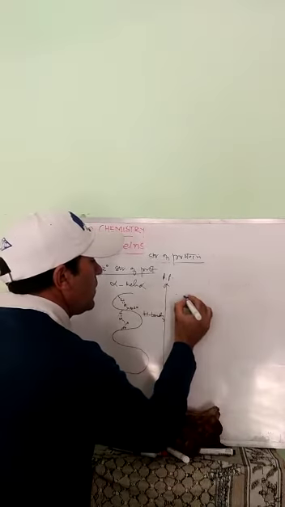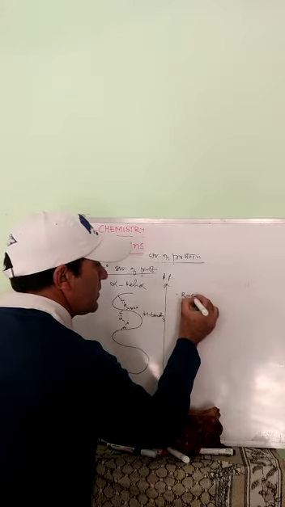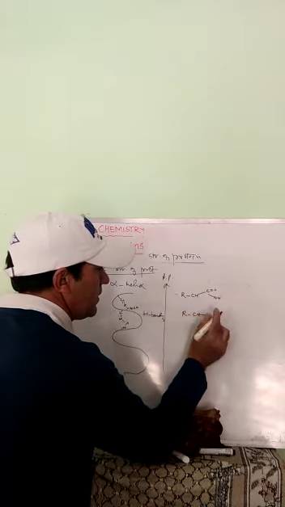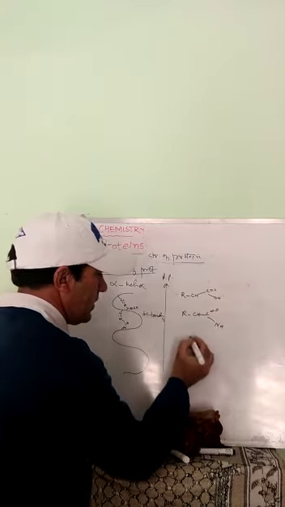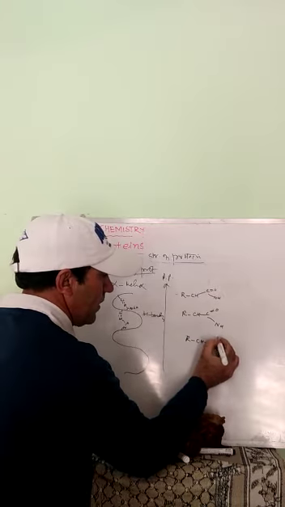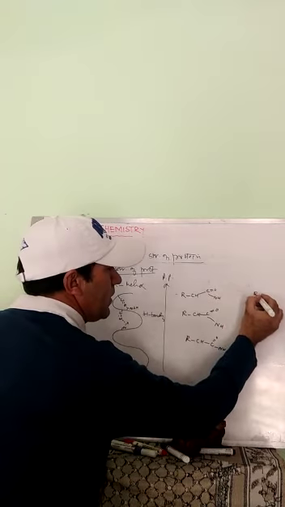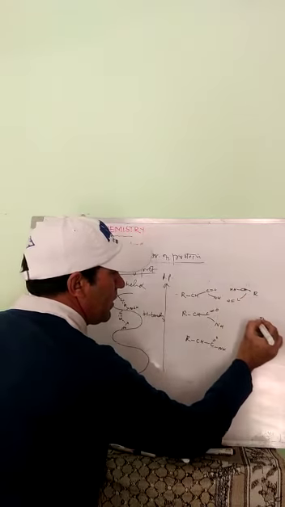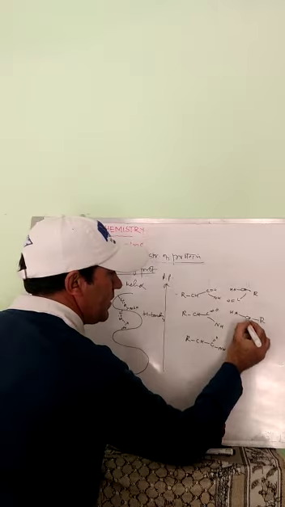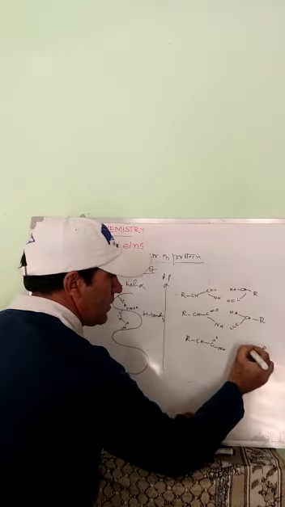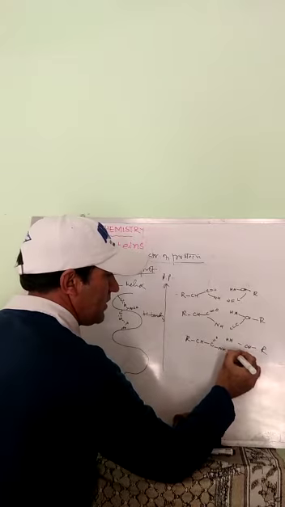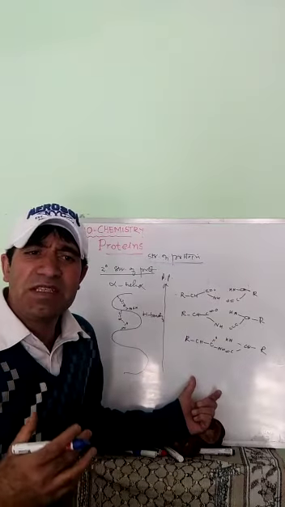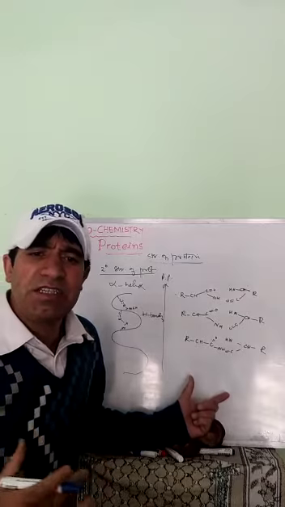here also I will write R CH C double bond O NH, R CH C double bond O NH, and so on, with CH NH C double bond O in the alternate chain. How are these beta strands connected to each other, or how are they attracted to each other?